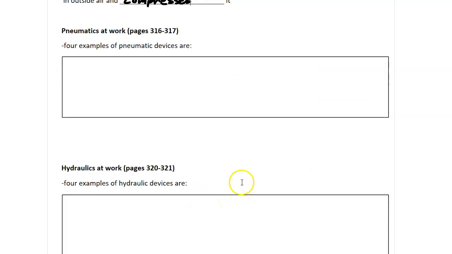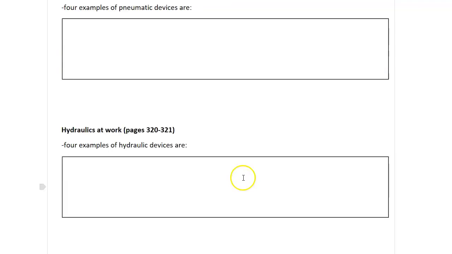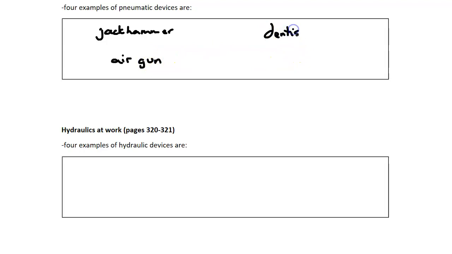Okay, so if we take a look at some examples, pneumatic devices might include things such as the jackhammer, an air gun, a dentist drill, or a sandblaster.